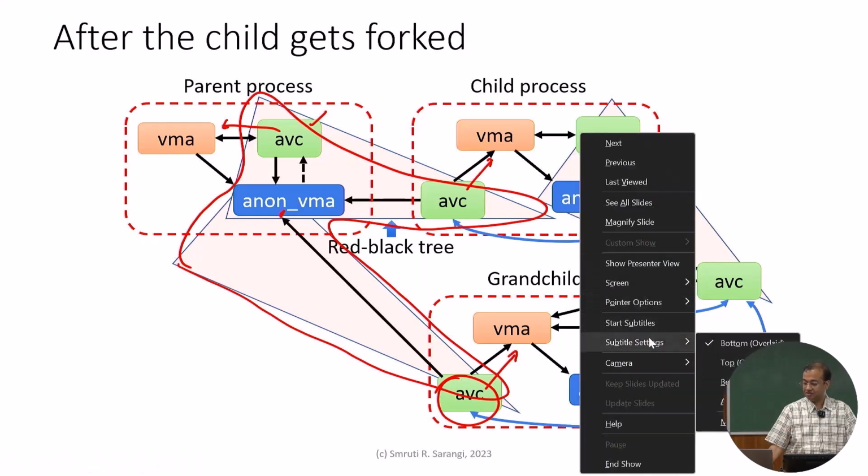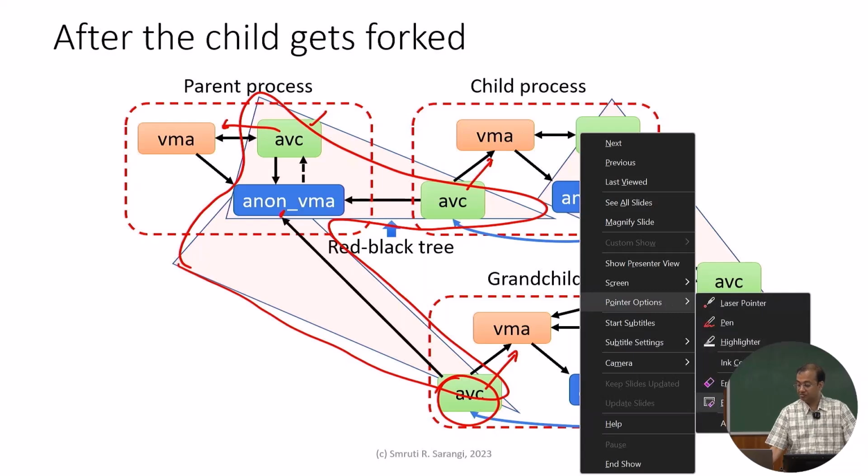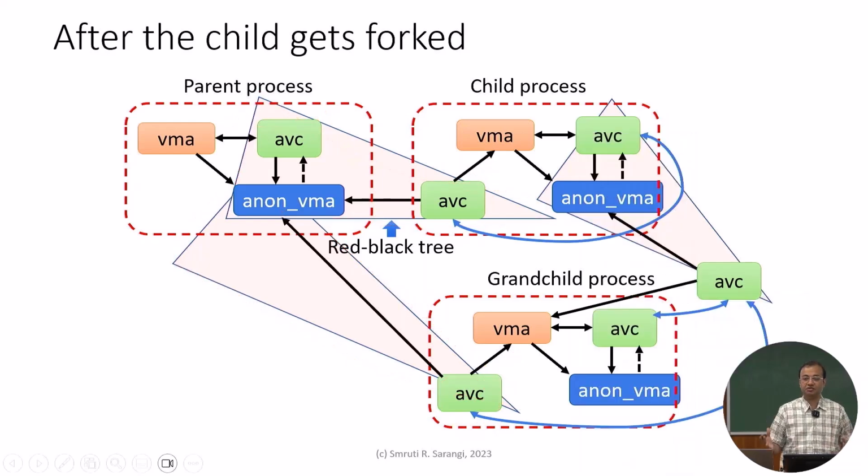As you can see, a reasonably complex structure can form if, let's say, the grandchild gets forked, and so on and so forth. But the idea is that for a single VMA, there can be multiple sources, which is why you create multiple AVCs for these connections. And a single Anon VMA could be mapped to many different VMAs.